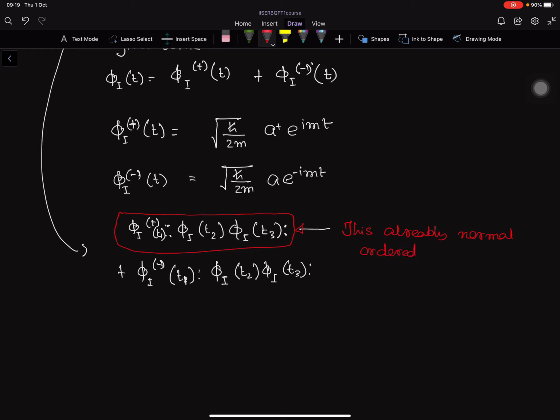Why? Because phi plus has only creation operators, and it is at the rightmost position.